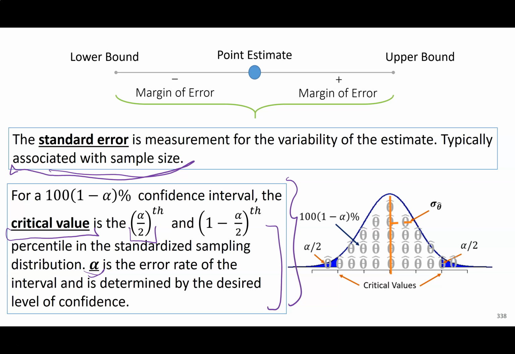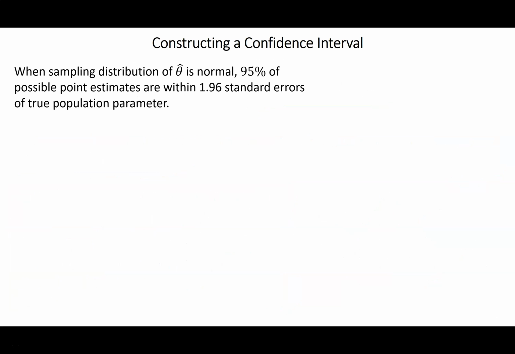So if I have a 95% confidence interval, that means 95% of the time I take a random sample, this works. Alpha would equal 0.05. So that would mean 5% of the time I do this, it doesn't work. That kind of idea. This one's a little goofy to word like this.